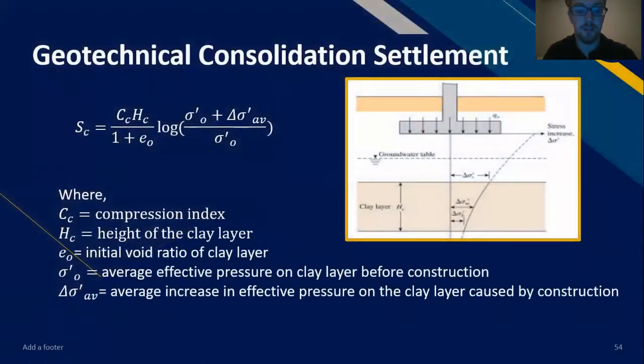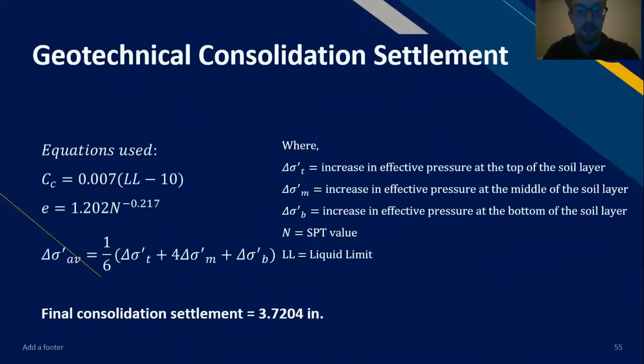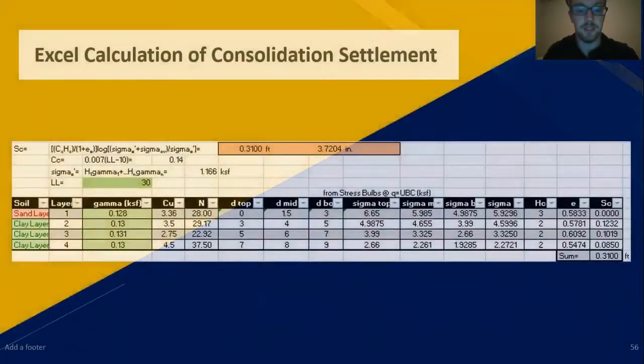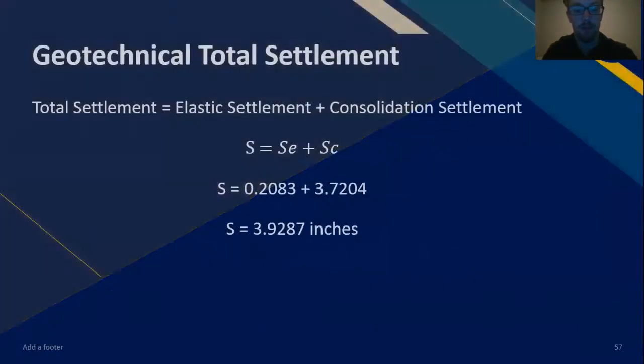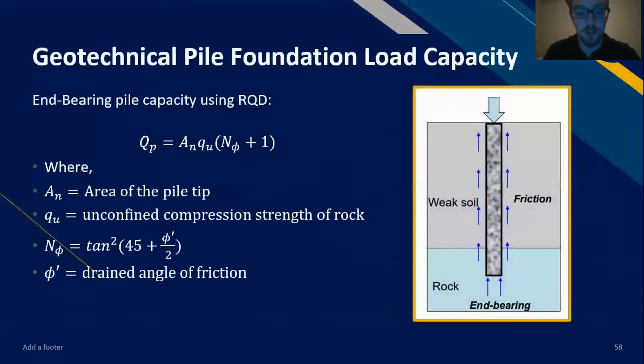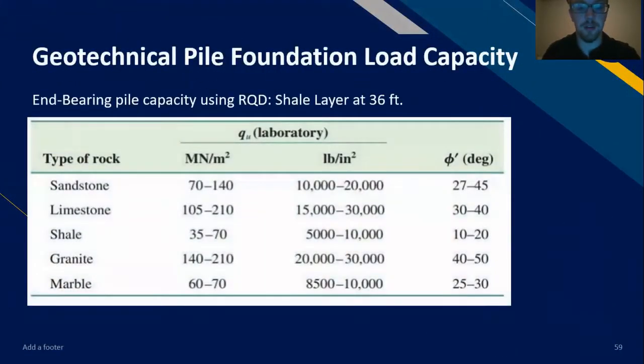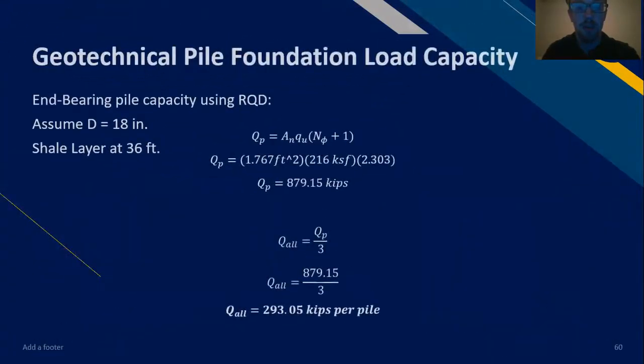For consolidation settlement of the shallow foundation, it was determined to be about 3.72 inches, making the total settlement about 3.93 inches. Pile load capacity was determined using rock quality designation of an end-bearing pile, making the pile load capacity 293.05 kips per pile.